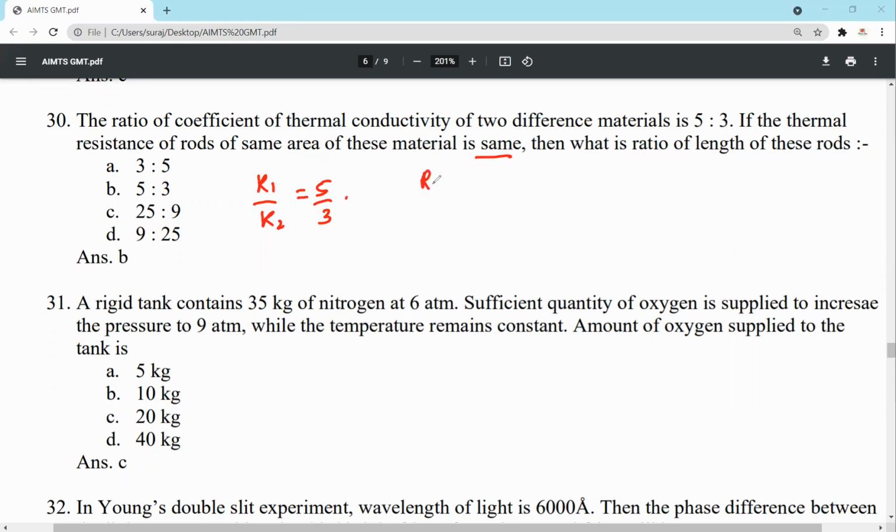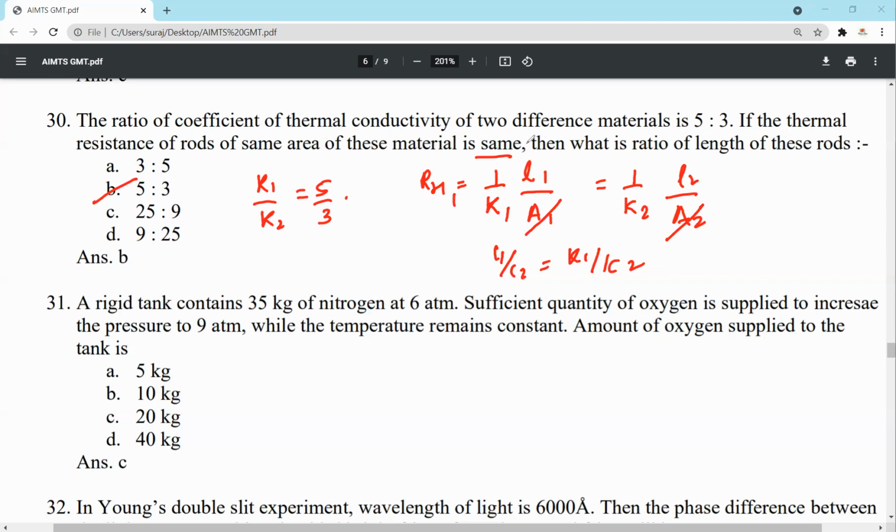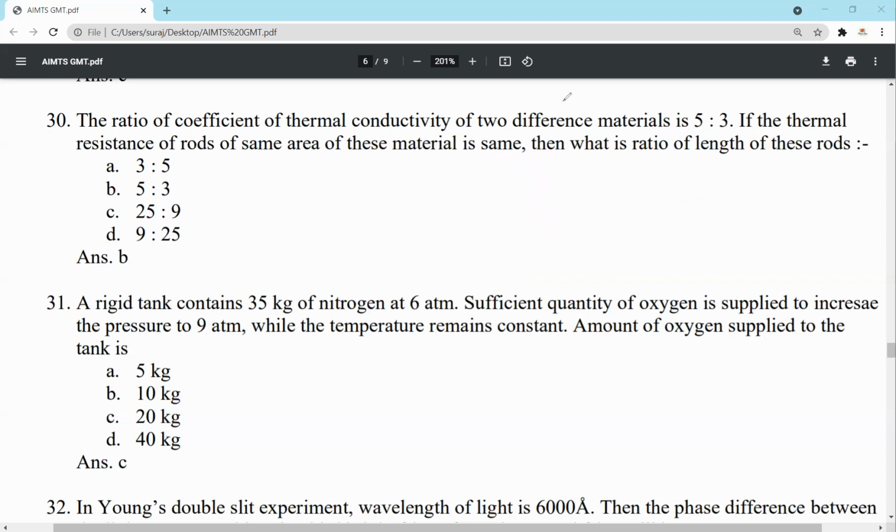What is thermal resistance? L1 by K1 A1 equals L2 by K2 A2. Same area, so this will get cancelled. Then the ratio of the lengths of the rods, L1 by L2, will be K1 by K2, 5/3. Coming to question number 31.